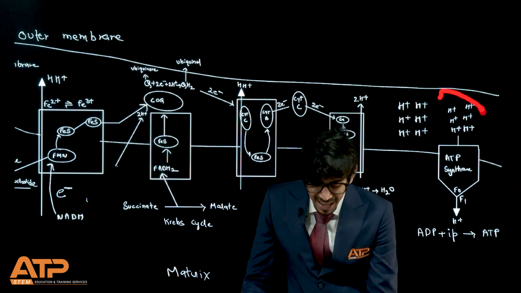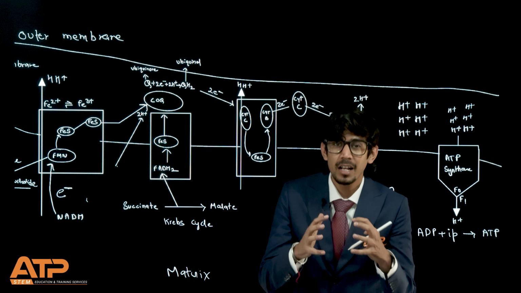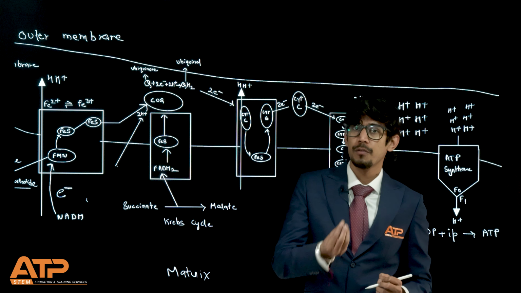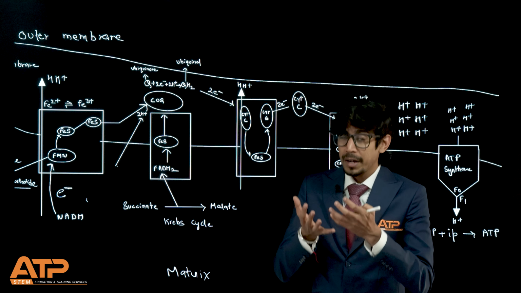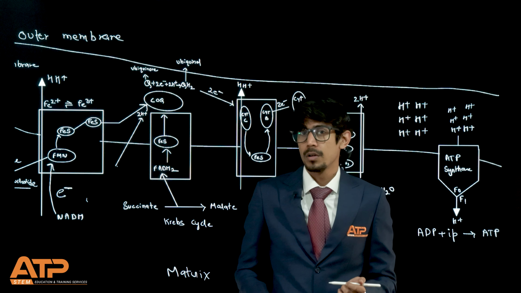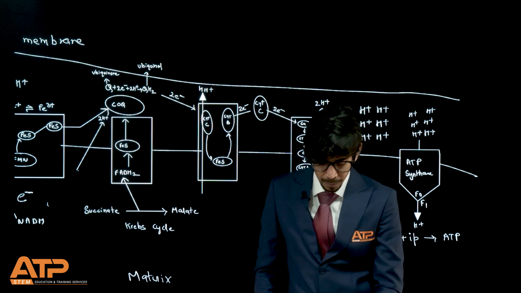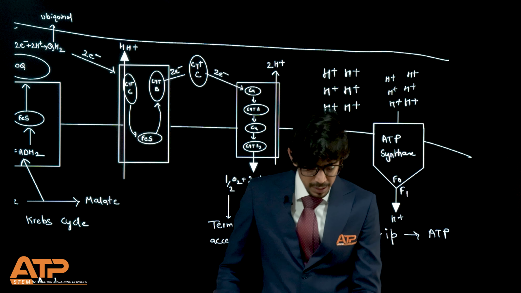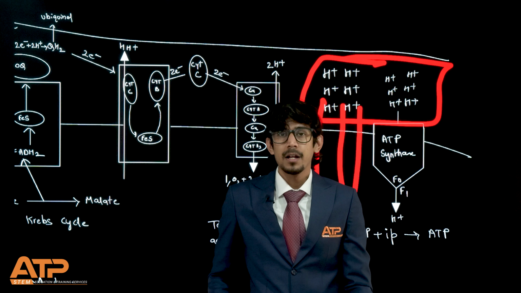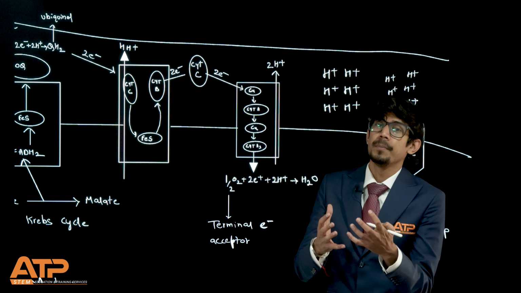Now these hydrogen ions badly want to go back into the matrix, because that's the natural nature of any molecule, that it tries to move from the region of its higher concentration to the region of its lower concentration. And these hydrogen ions which are desperately wanting to go back, who provides a gateway to them?